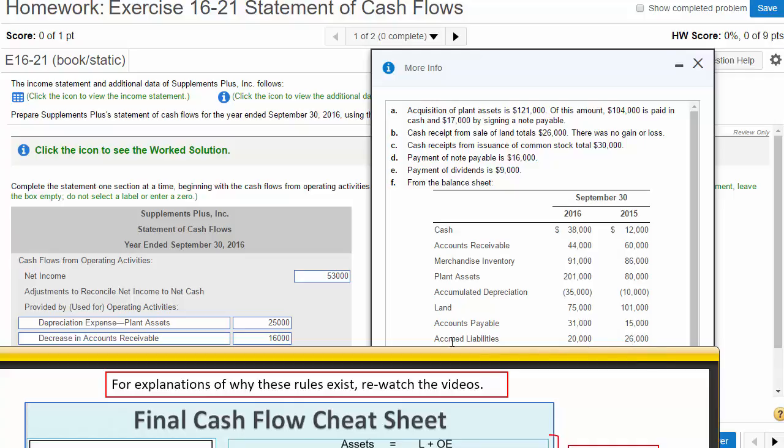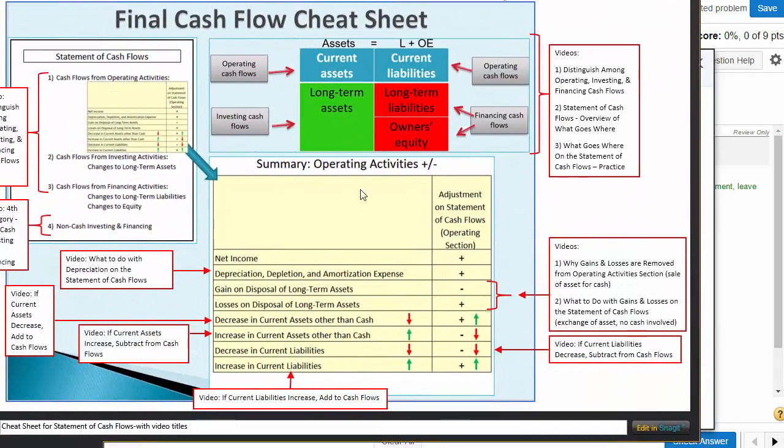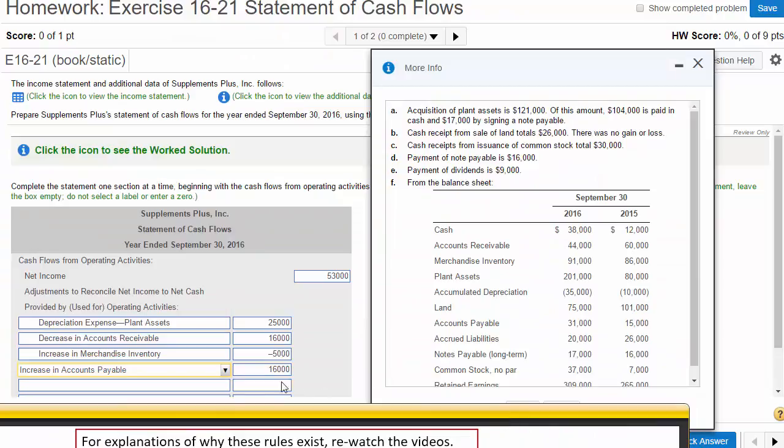Remember, accrued liabilities are liabilities that have accumulated but not yet been paid. The most common one is salaries payable. So if our salaries payable decrease, what must have happened? Well, we must have paid off the liability. So if we pay off the liability, what happens to cash? Cash goes down, which is why our rule says a decrease in current liabilities, you subtract from the cash.